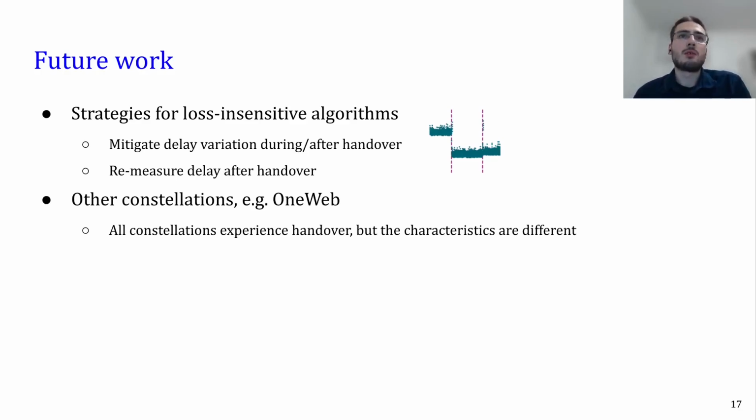One possible approach would be to remeasure the delay after handover to have a better updated view of the current round trip time and latency. In addition, we want to try our approach with other constellations, for example, OneWeb. All constellations experience handover, but the characteristics of this handover vary between constellations.